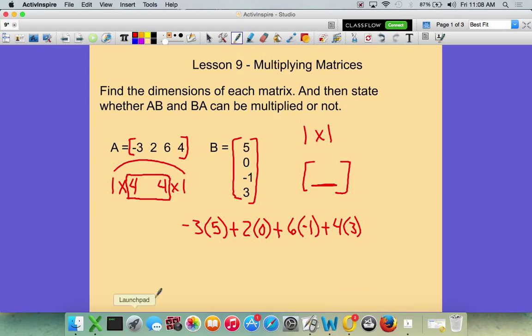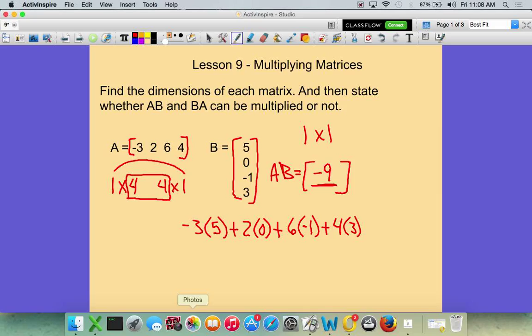So -15 plus 0 plus -6 is -21 plus 12. Our answer for AB is -9. We take our row times our column to be able to get that.